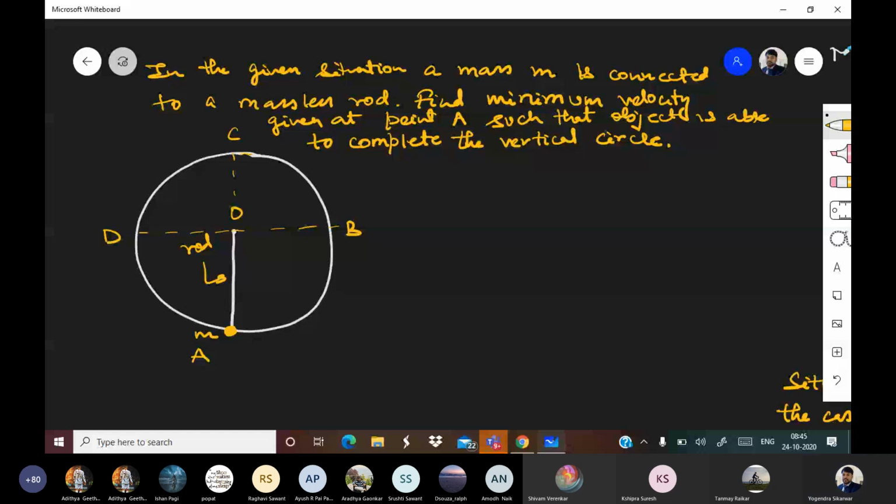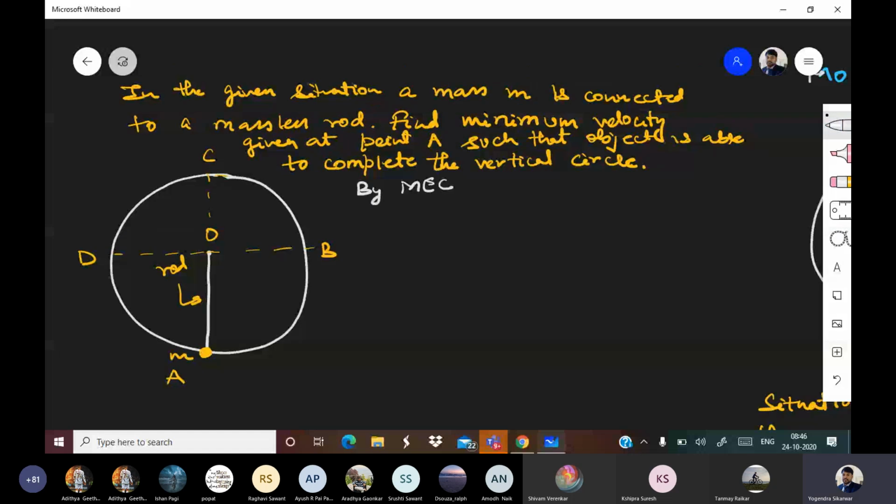By MEC, MEC is mechanical energy conservation, between point A and C. So that means PEA plus KEA is equal to PEC plus KEC.